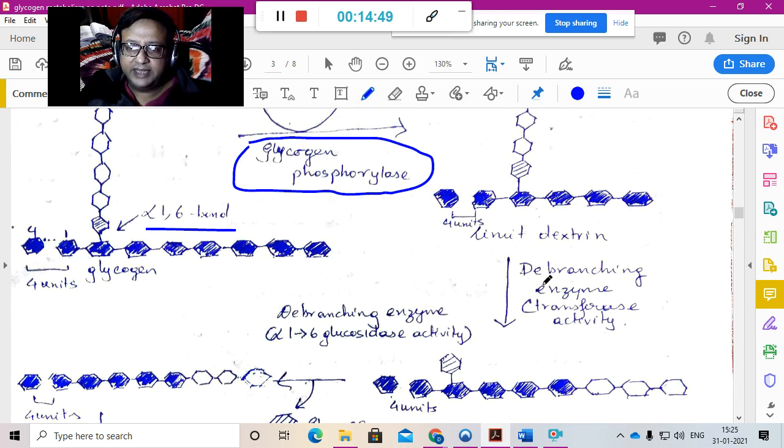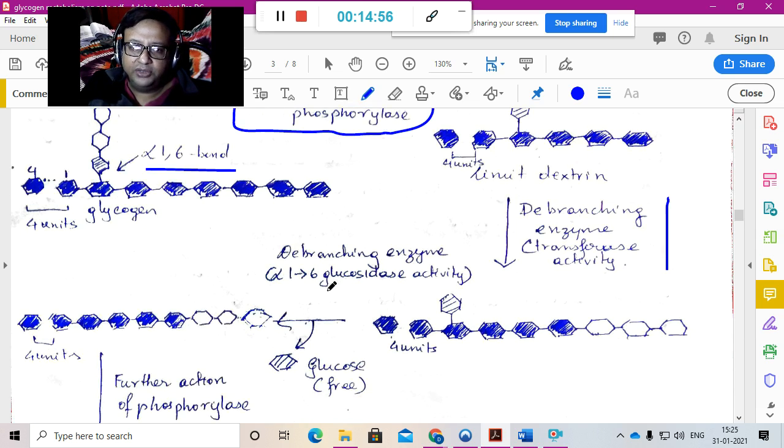Then there is an enzyme which has transferase activity, that is the debranching enzyme. It also has alpha 1,6 glucosidase activity.